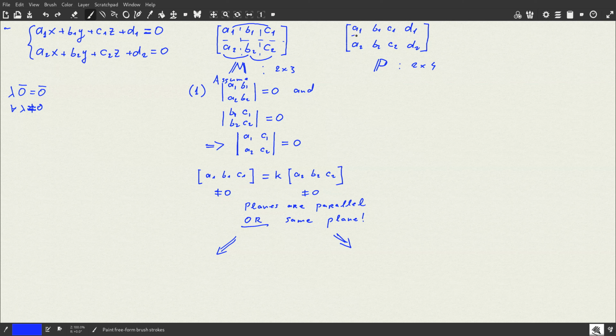These parts are linearly dependent, but now we have D1 and D2. So if D1 and D2 are such that this linear dependency breaks, so for example, we can't say A1, B1, C1 and A2, B2, C2 are connected with some proportionality coefficients, but for example, A1, B1, C1, D1 is not anymore equal to K times A2, B2, C2, D2.